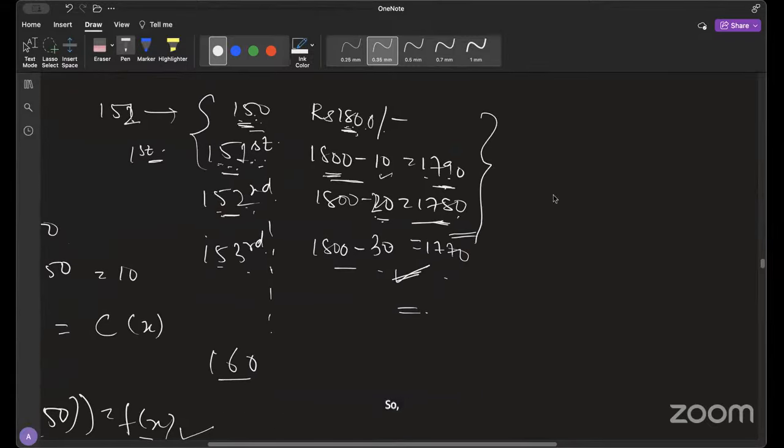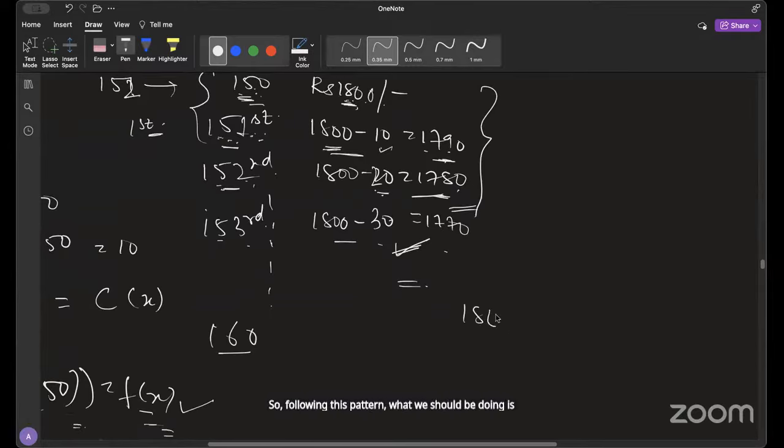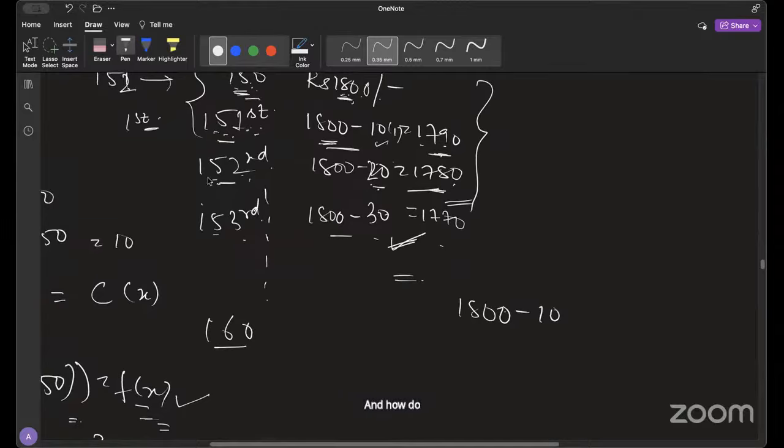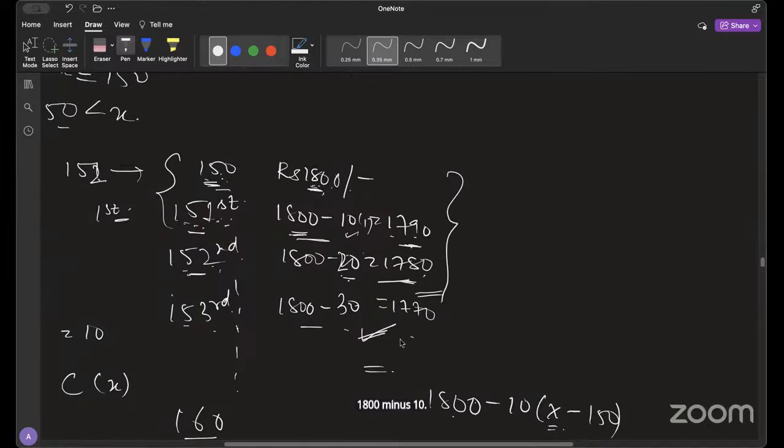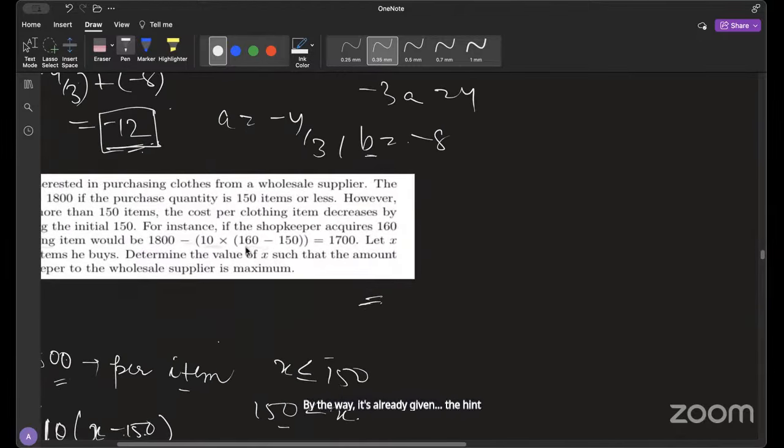Following this pattern, we should be doing 1800 minus 10 times 1, then 10 times 2. And how do you get 2? It's x minus 150. So if you put 151 here, you will get 1800 minus 10. By the way, the hint is already given to you in the question.